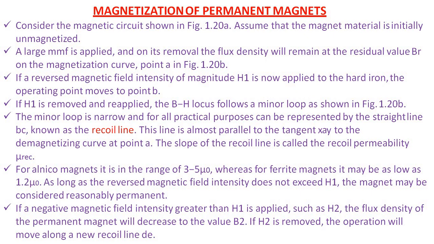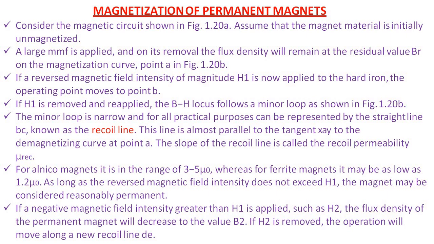This line is almost parallel to the tangent to the demagnetizing curve at point A. The slope of the recoil line is called the recoil permeability μr. For an Alnico magnet, it is in the range of 3 to 5 μ0, whereas for ferrite magnets, it may be as low as 1.2 μ0.